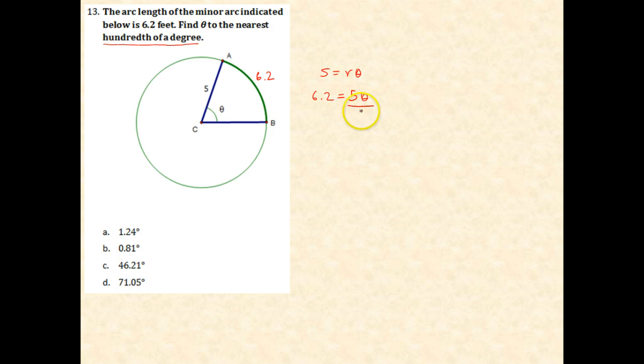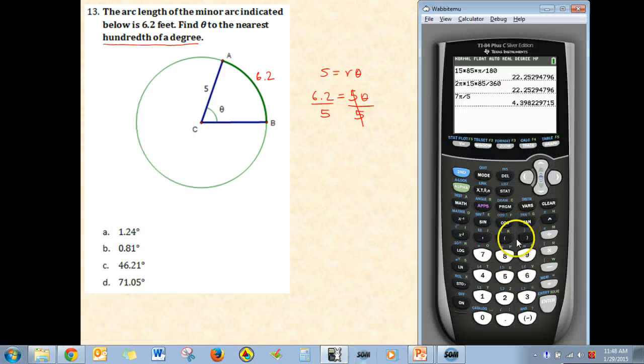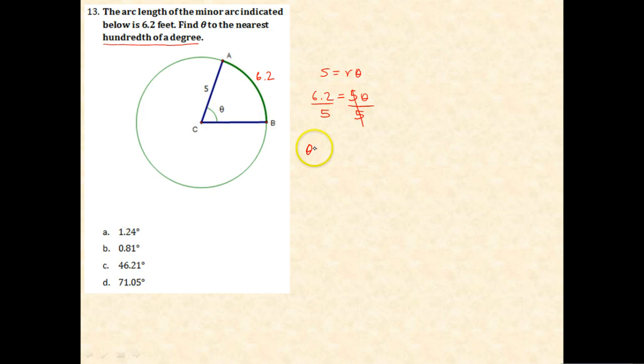So to find theta, we're just going to divide both sides by 5. 6.2 divided by 5 is 1.24. So theta is 1.24 radians.